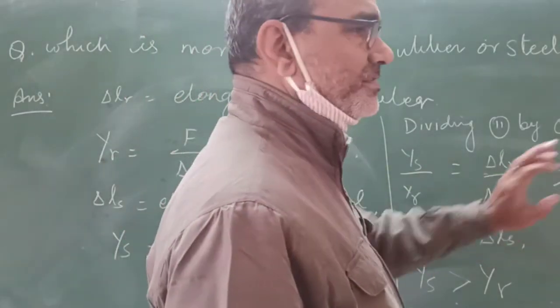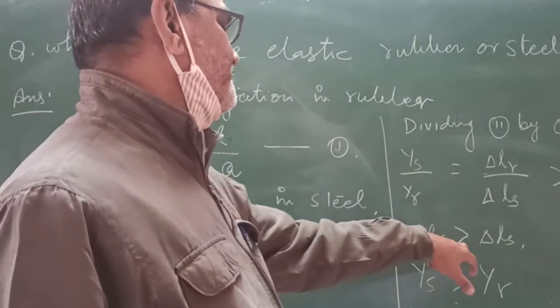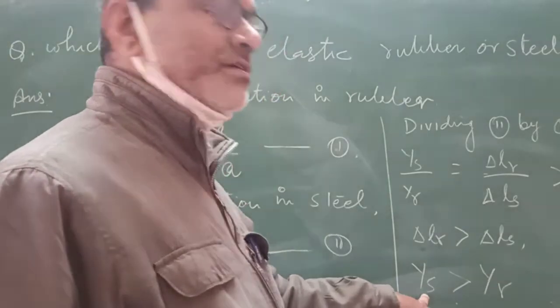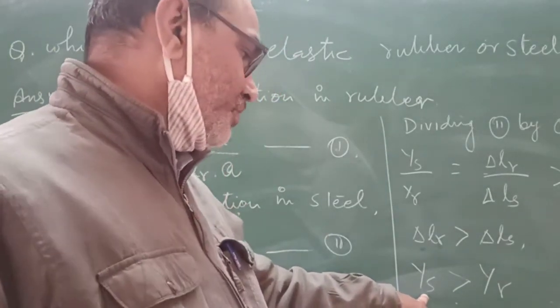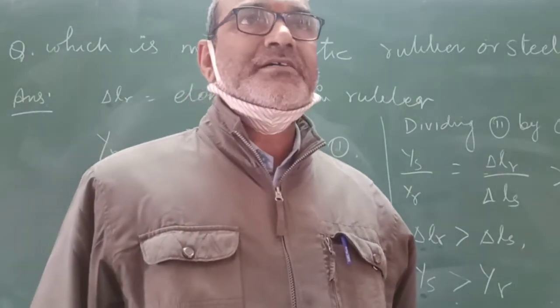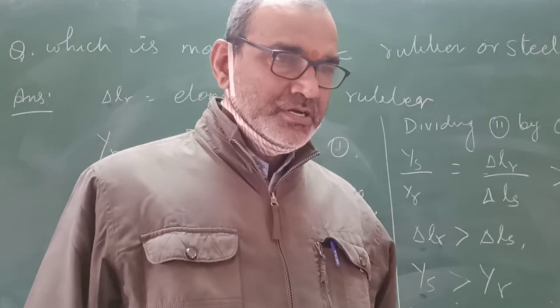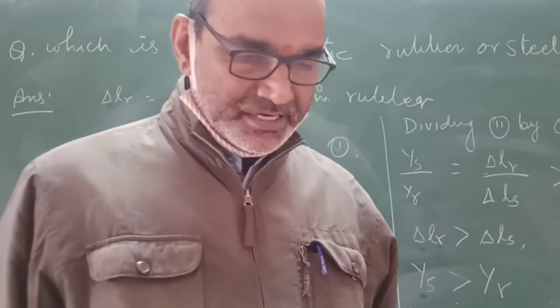That's why this ratio is greater than 1. Since delta LR is more than delta LS, therefore Young's modulus of steel is more than Young's modulus of rubber. Therefore, steel is more elastic than rubber.